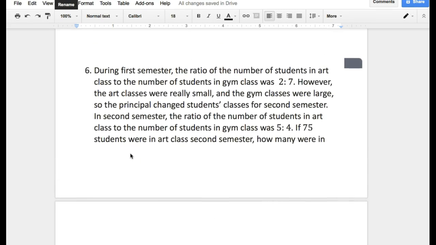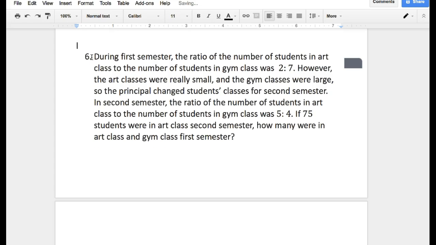Okay, when you figure this one out, write your answer, check it on Edpuzzle, and if you have the correct answer, then you'll be able to explain what you did to get that answer. Let's just move this up so you have it to look at completely. Okay, so hopefully you answered the correct answer for how many were in art class and gym class first semester.